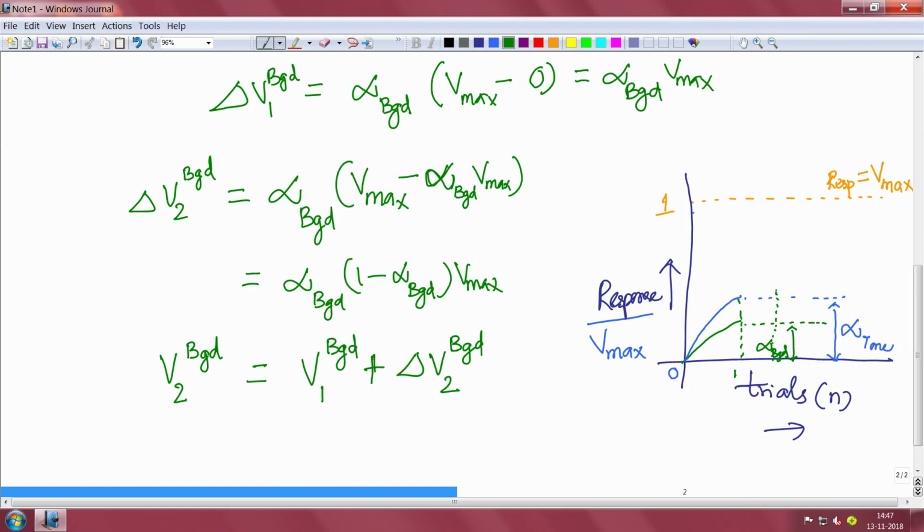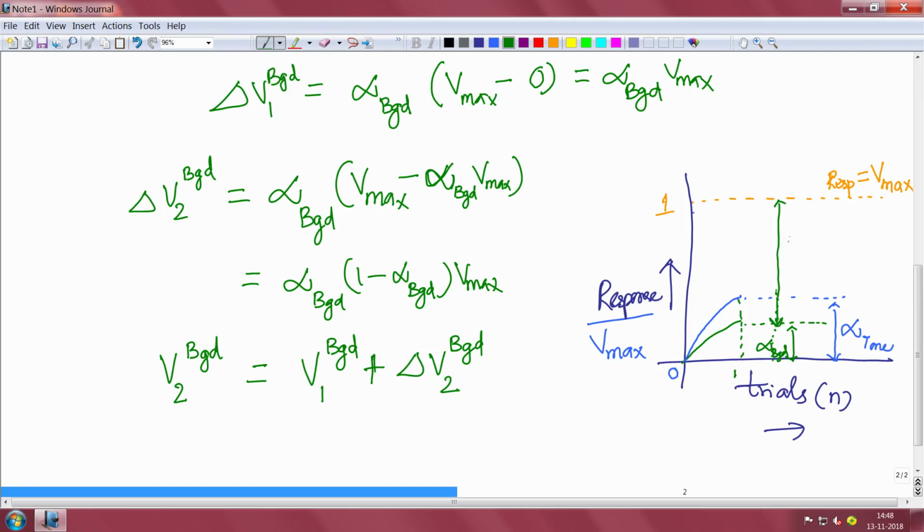Thus, you can see at this point the animal is evaluating, okay, I am responding to the background by this much. However, my maximal response could be that big.